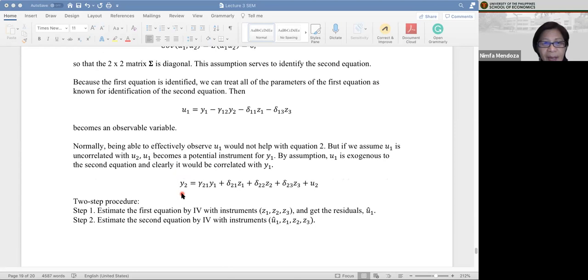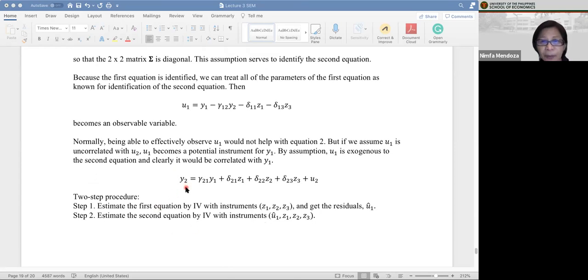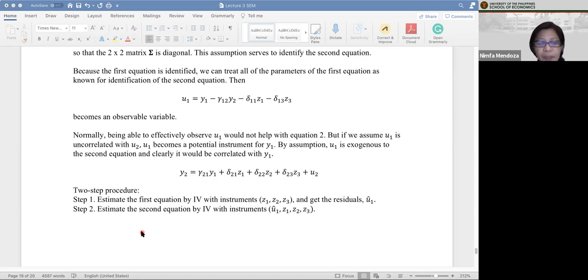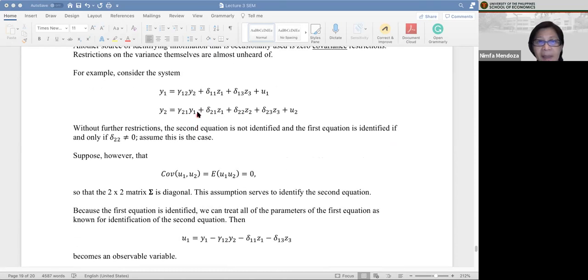Okay, so we have a two-step procedure. Therefore, for Y sub 2, you can use Y sub U sub 1 as the instrument. First, you estimate this U sub 1, and you can estimate this U sub 1 by estimating this equation.